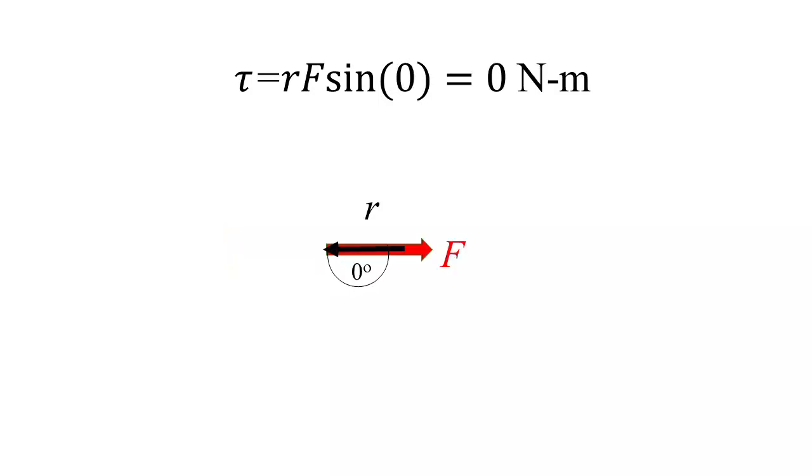Likewise, if the force points in the opposite direction as the distance vector, the angle between them is now 0 degrees, and the sine of 0 also equates to 0. So the force will not rotate the lever in this case either. So maximum torque occurs when the force vector and the lever distance vector are perpendicular to each other, and the torque is 0 when they are parallel to each other.